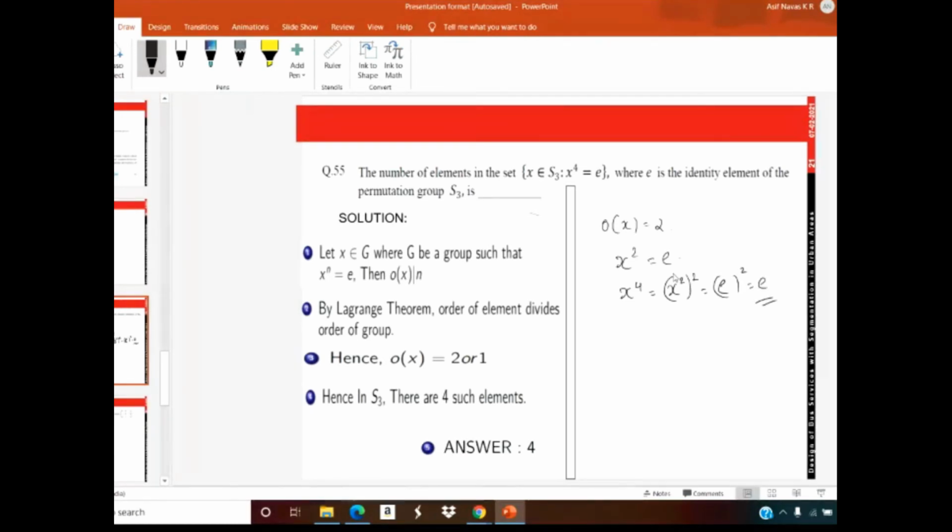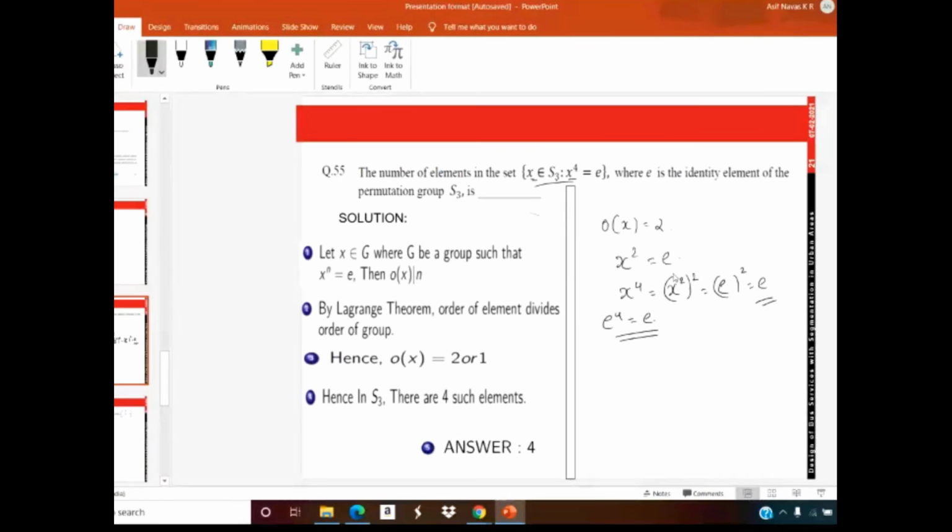Can I take identity also? Identity to the 4 equals identity, identity to the 5 equals identity also. So definitely e raised to 4 is equal to e, right?